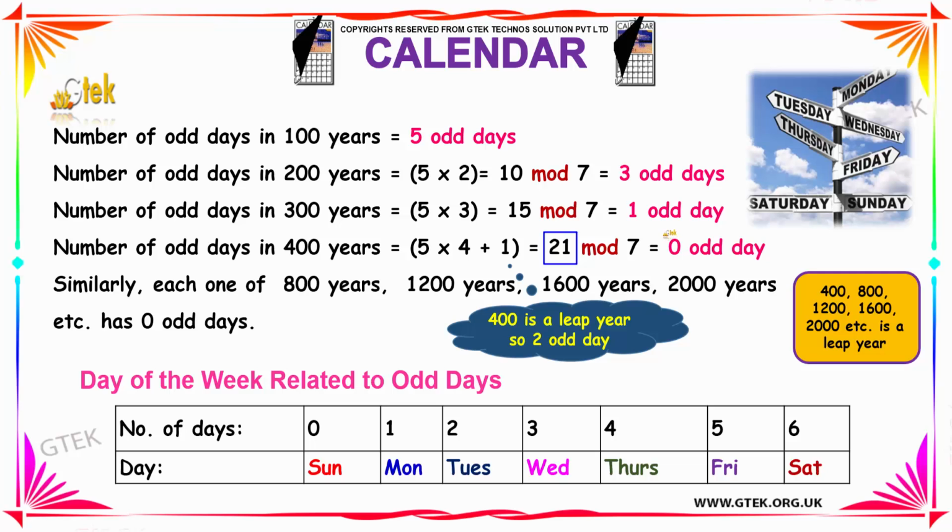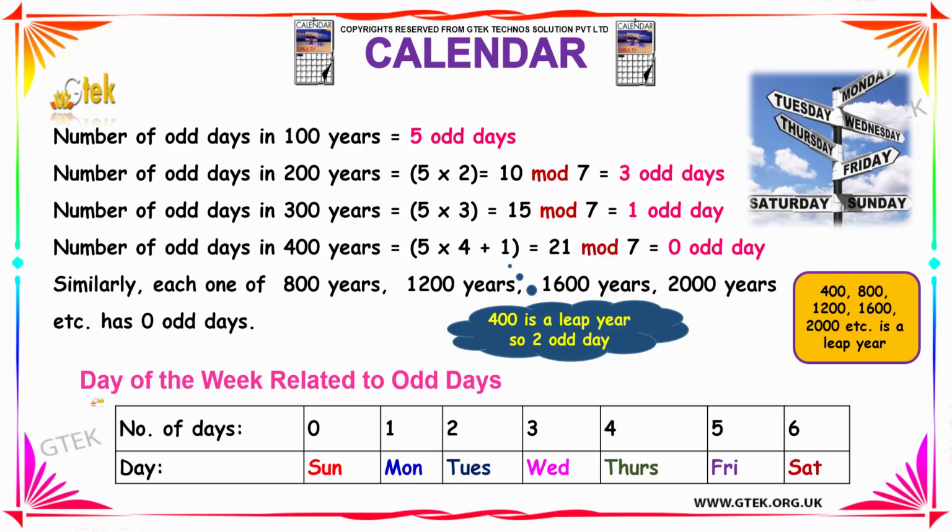We don't have any remainder, hence 0 odd days. So from this we can find that if it is a century and the century is a leap year, then it has 0 odd days. So the centuries which are leap years are 400, 800, 1200, 1600 and 2000, and they have 0 odd days.